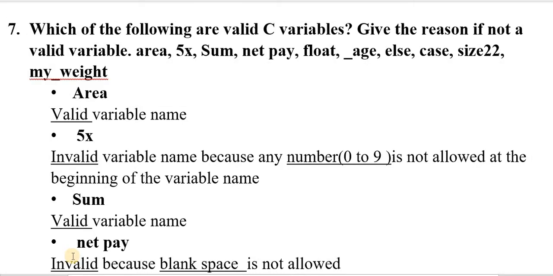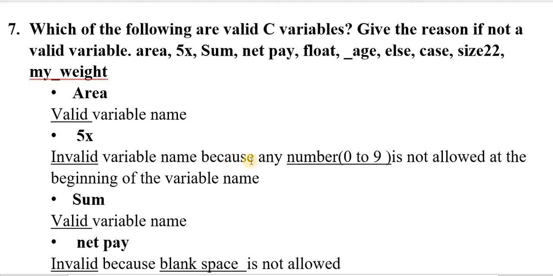So now we have question number 7. Which of the following are valid C variables? Give the reasons if not a valid variable. First of all, we have a variable name area. It's a valid variable name. Then 5x.